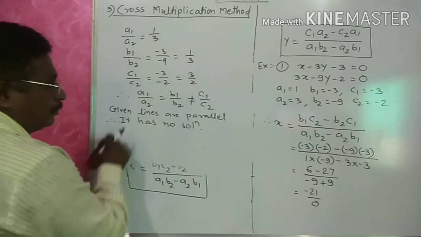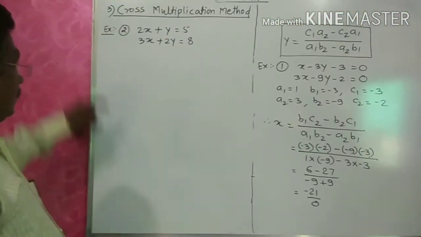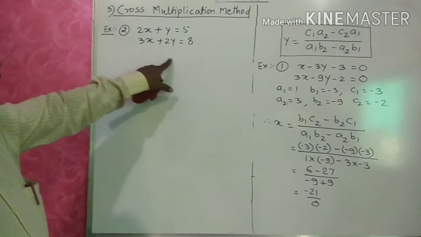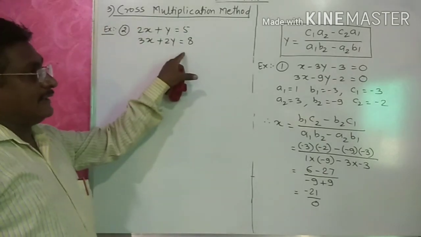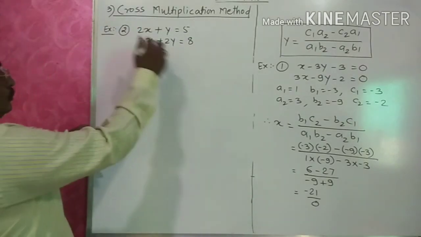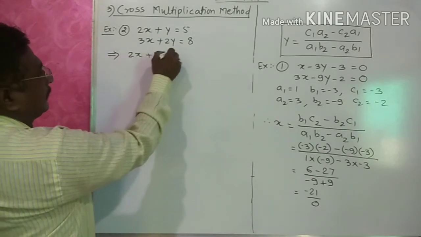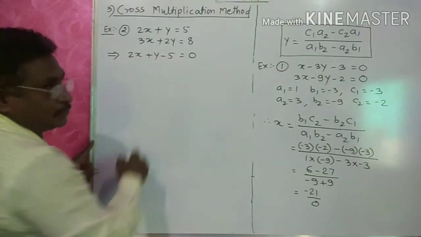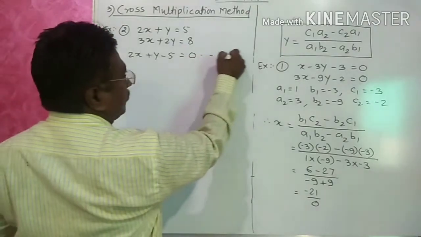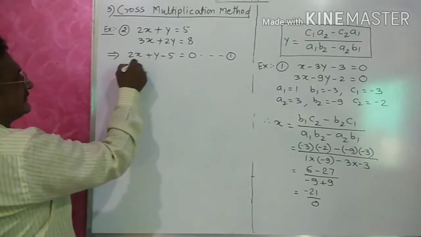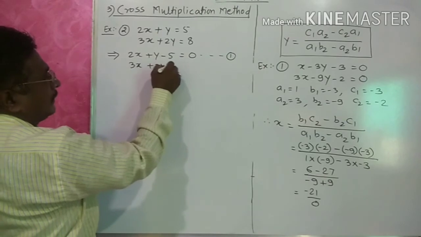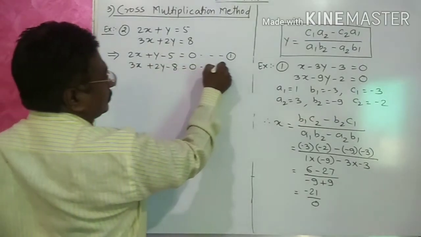So now we will go to the second example. First this example has to be written in the standard form. So how to write it in the standard form? 2x plus y minus 5 equals 0, equation number 1. 3x plus 2y minus 8 equals 0.